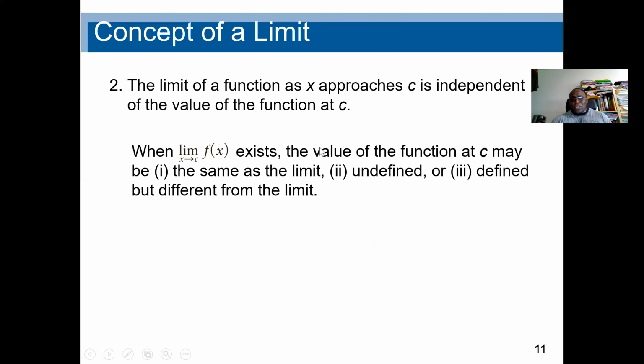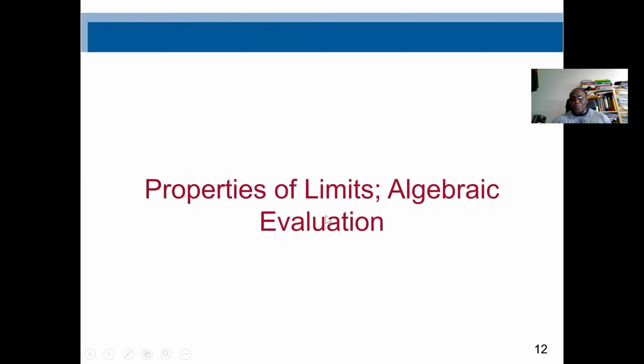Also, the limit of a function as x approaches c is independent of the value of the function at c. Also, when the limit of f at x as x approaches c exists, it means the value of the function at c may be the same as the limit, it can also be undefined, or it can be defined but different from the limit.